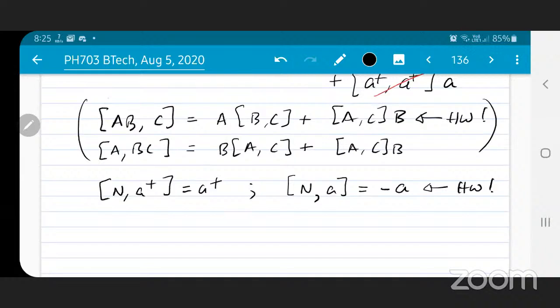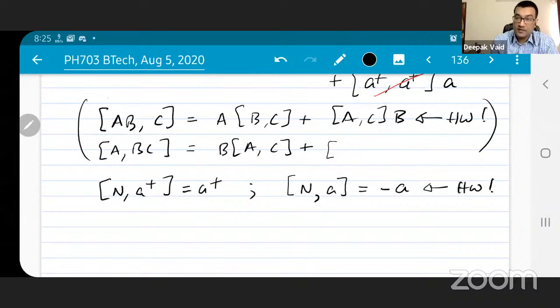Sir, can you correct the expression of the commutator of A, B, C? Sir, I thought this is repeating here. Just one line above, commutator of A, B, C. Okay, we will correct it.